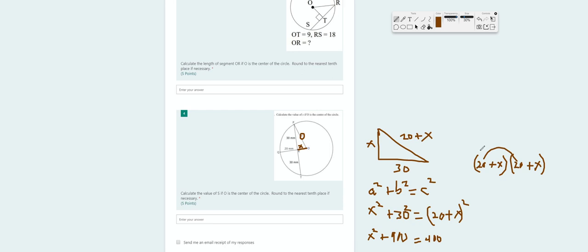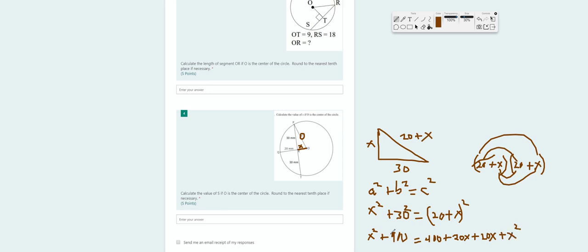If I multiply 20 times X, that will be 20X. Okay, then I'm done with the 20. Now I'm going to do the X. X times 20, that's 20X. Okay, and then X times X will be X squared. There you go.